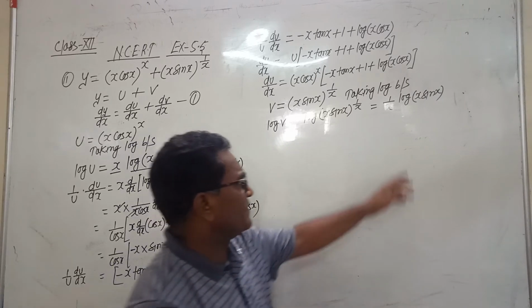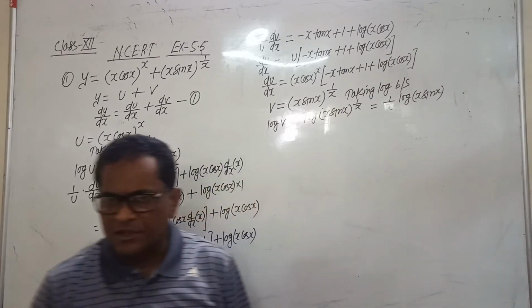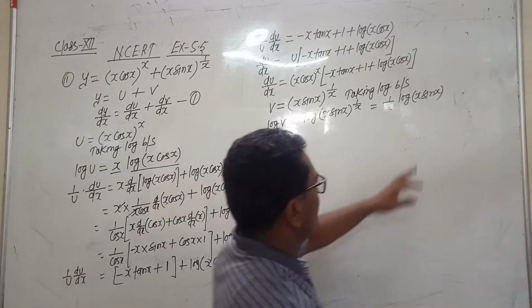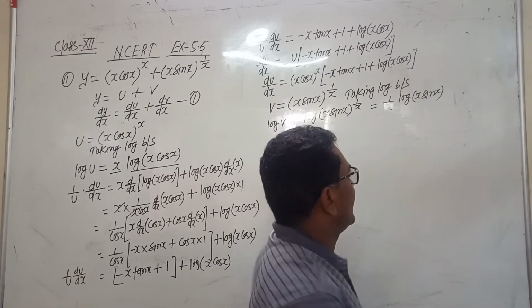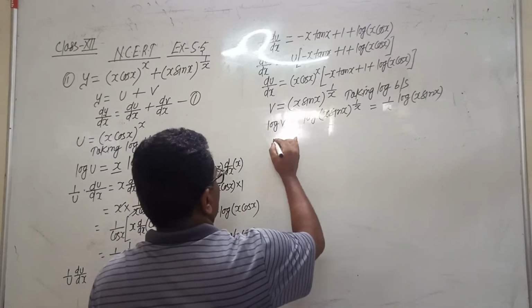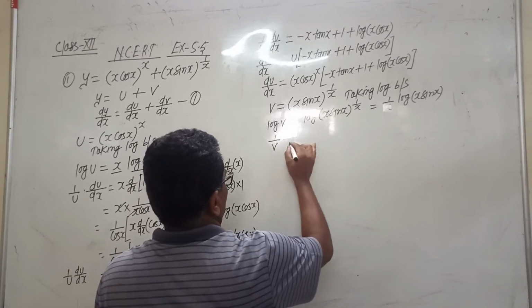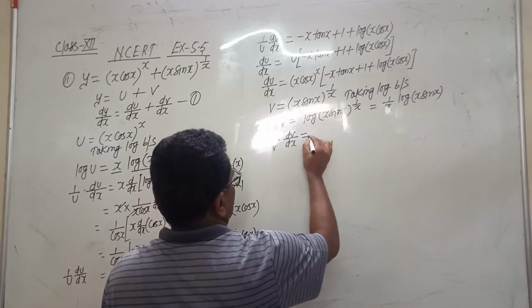So this will be differentiated in the form u into v. In the place of u, we take 1 by x, and in the place of v, we take log x sin x. So differentiation of log b is 1 by b into db by dx.